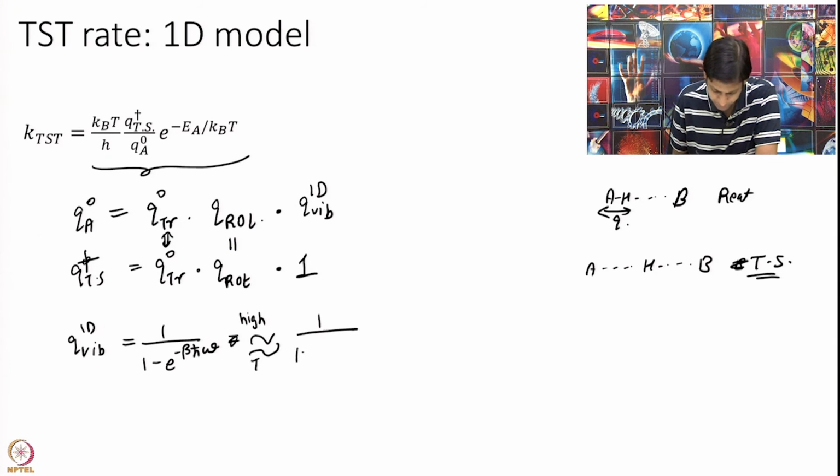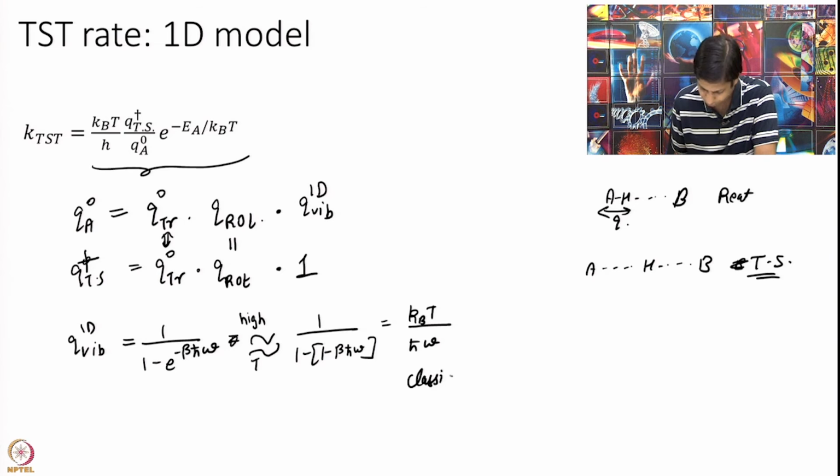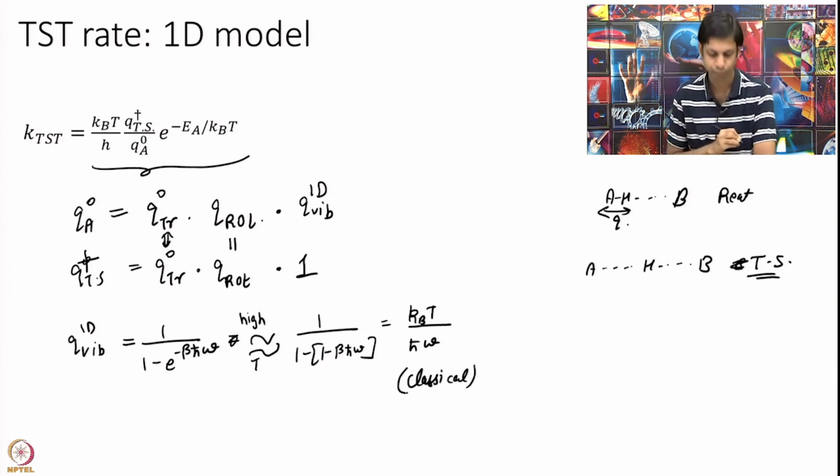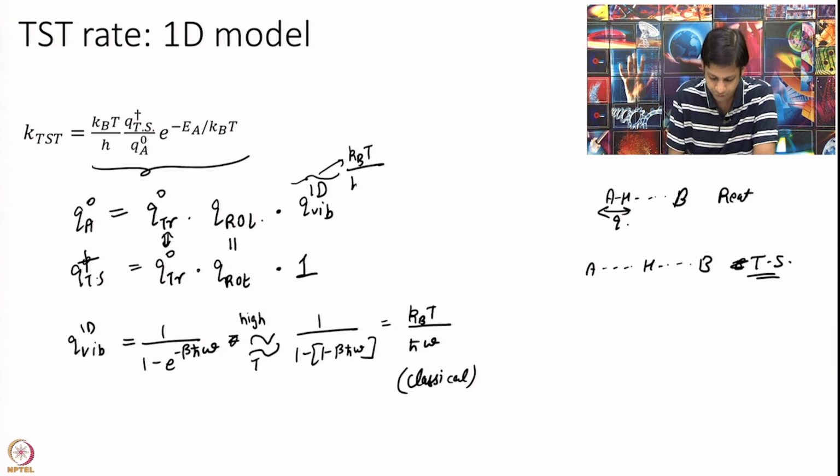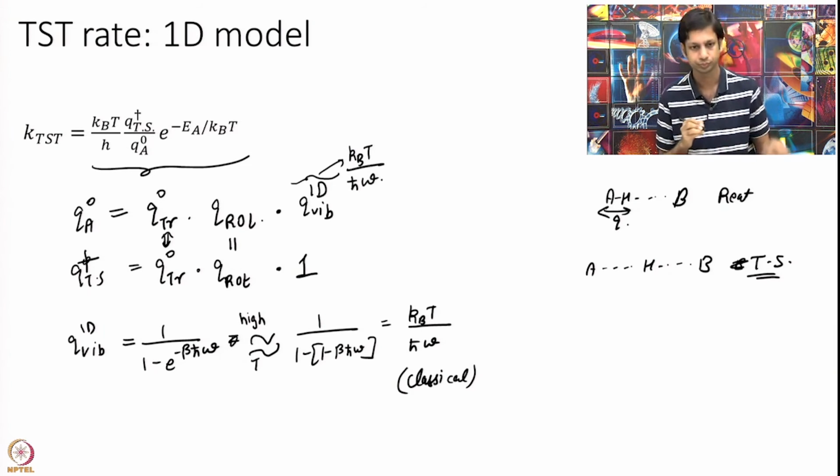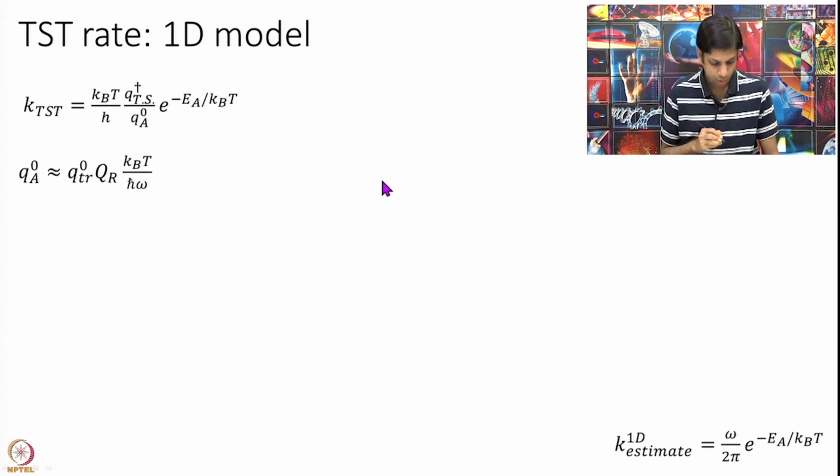So, this will become 1 over beta h bar omega in the high temperature limit. So, this is equal to kT over h bar omega, which is the same as the classical answer. So, we are going to replace this by kT over h bar omega.